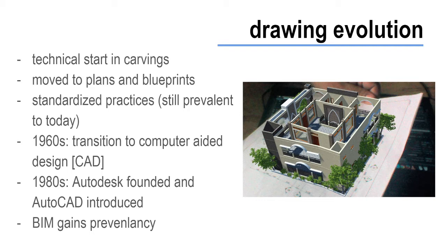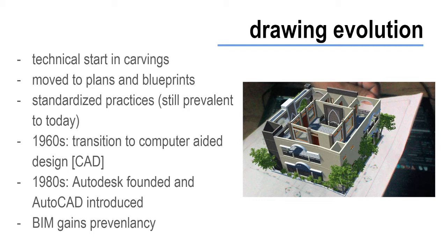In the 1960s, we transitioned to computers and CAD doing our work. It looked a lot different than it looks today, but it was the start of using computers. And then in the 1980s Autodesk came out with AutoCAD, which is software that is still used to this day, though it is losing some use.